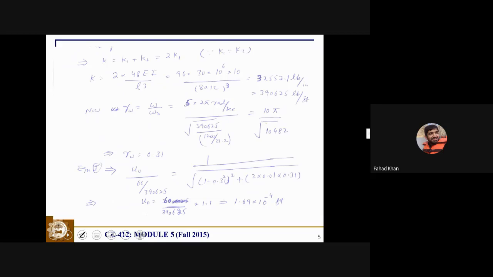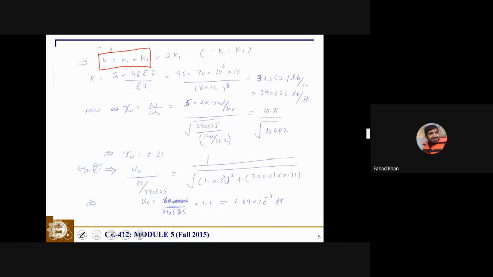So for that, first we know that this system is springs in parallel, and so the total or effective stiffness is going to be equal to K1 plus K2, since both the moments of inertia and material and the rest of the dimensions are the same. So K1 is equal to K2, and so we can rewrite this formula as 2 times K1.